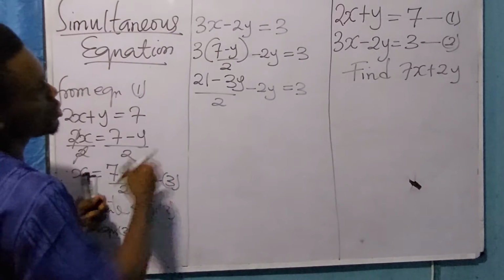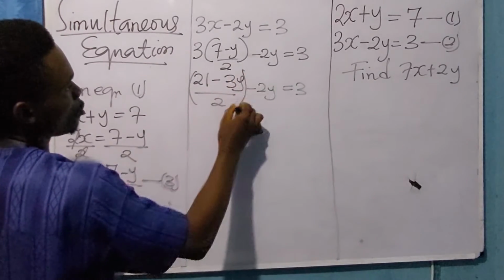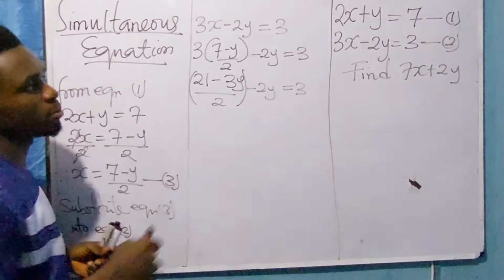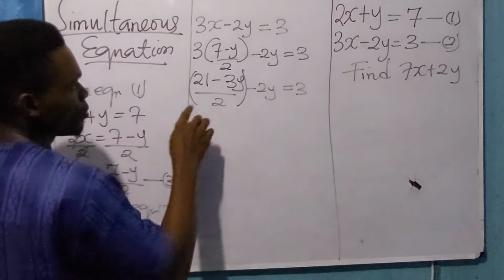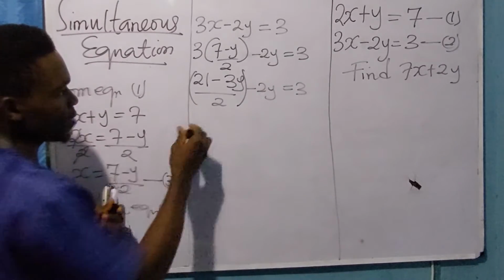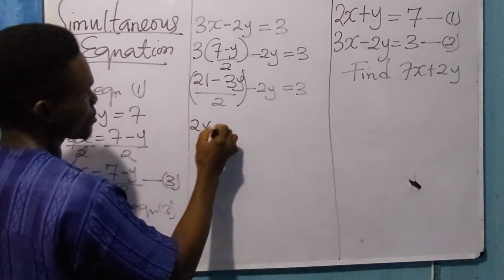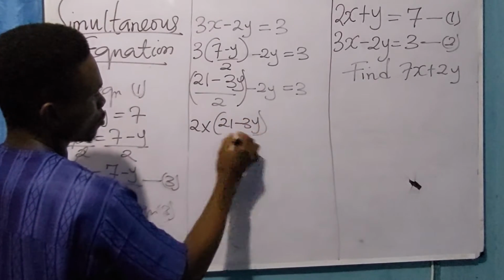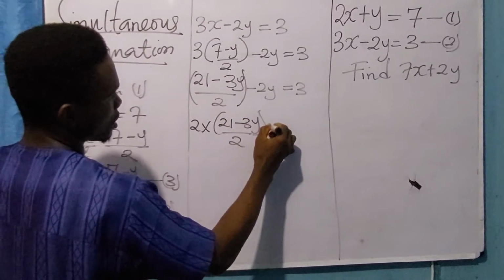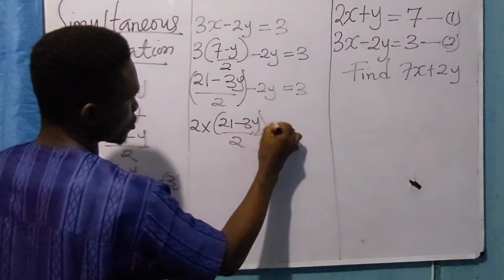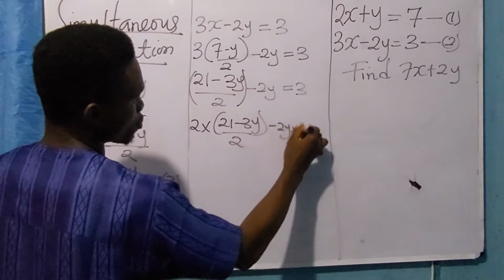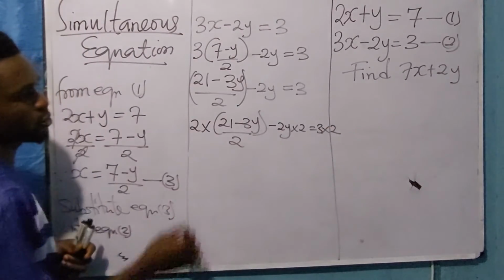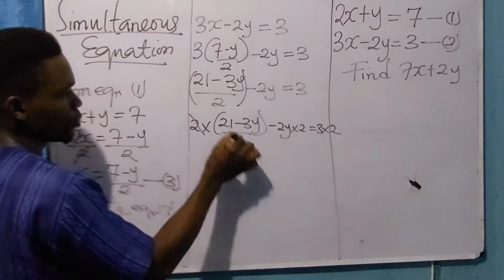That is not the last part of it. Since you have 2 as a fraction, you multiply through by 2. Multiplying through by 2, you now have 2 times 21 minus 3y over 2, then minus 2y times 2 equals 3 times 2, such that this 2 will go out.